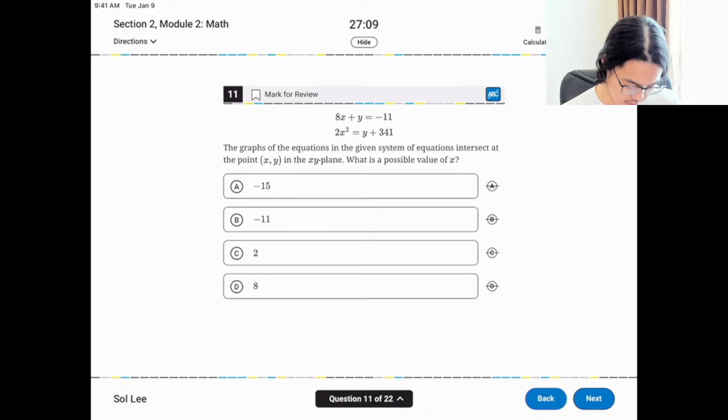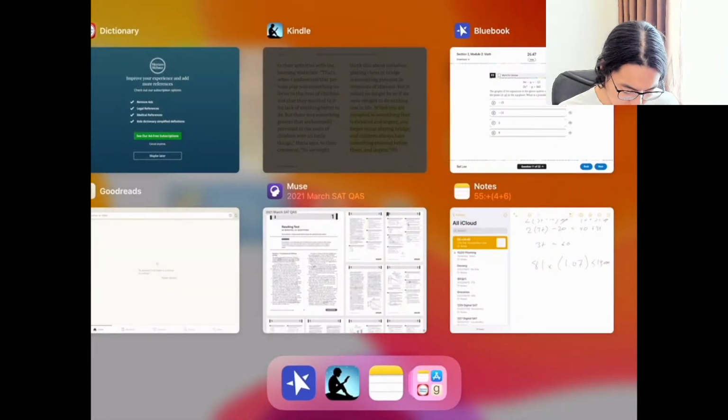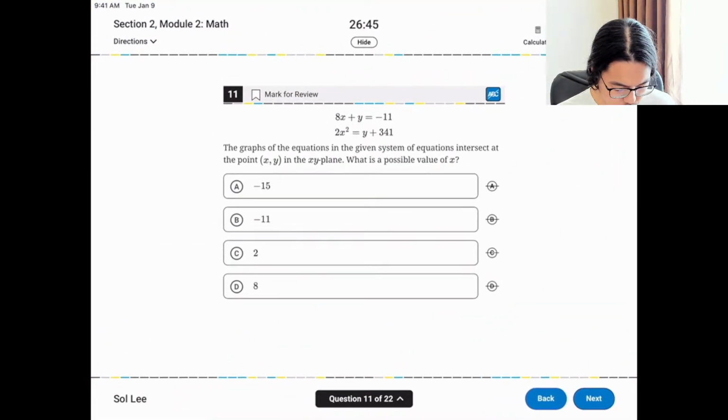8x plus y, they intersect, so they get solved. So we need a possible value of x. Oh, but one of these is quadratic, so that's why it's more awkward. Hang on. I guess I can get rid of the y by having y equal something.